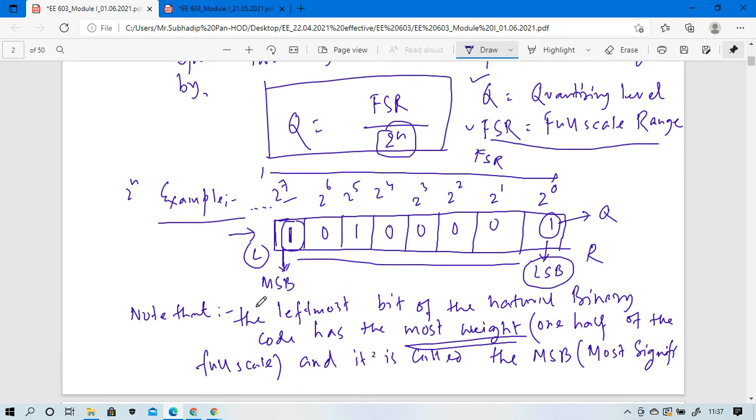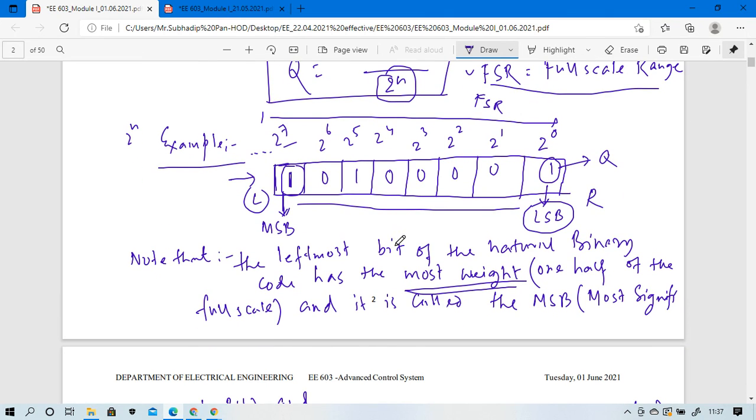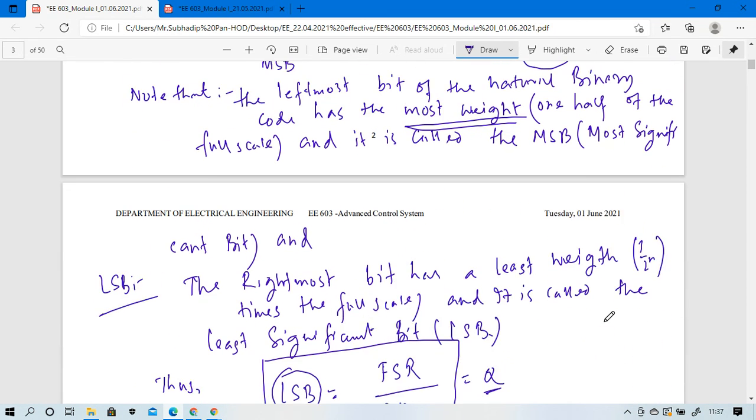There must be a most significant bit and a least significant bit. The leftmost bit of a natural binary code has the most weight, that means one half of your full scale, and that will be called the most significant bit.